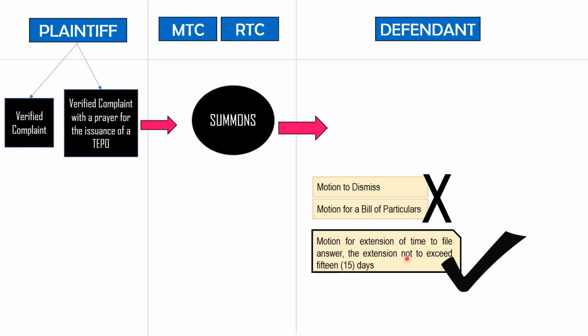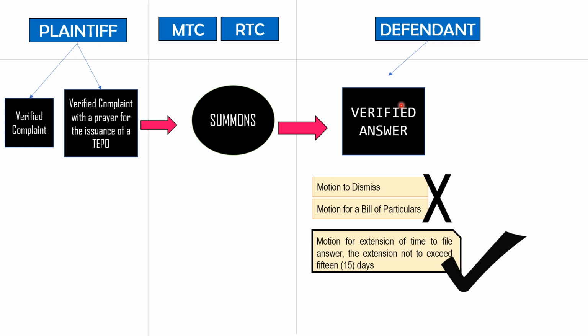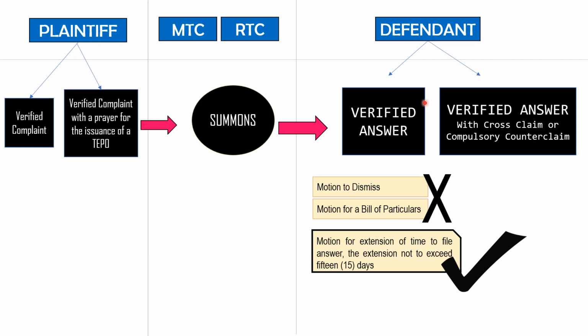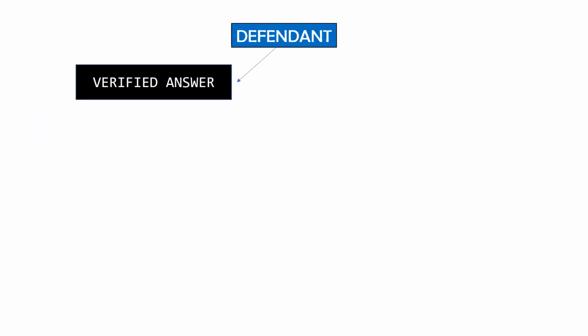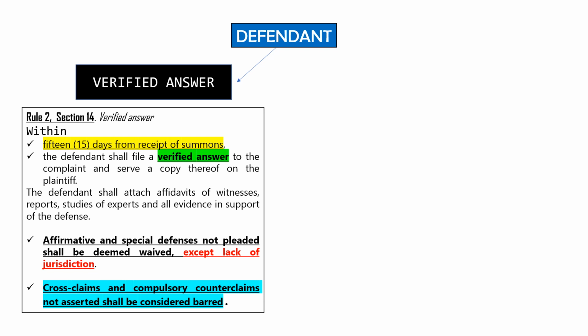So aside from motion for extension of time to file an answer, what else can the defendant file? The defendant can file his verified answer or verified answer with cross-claim or compulsory counterclaim. So for your answer, take note that you need to file this within 15 days from the receipt of the summons.